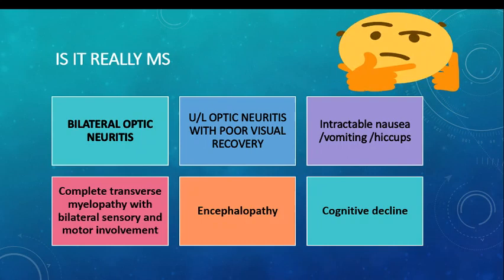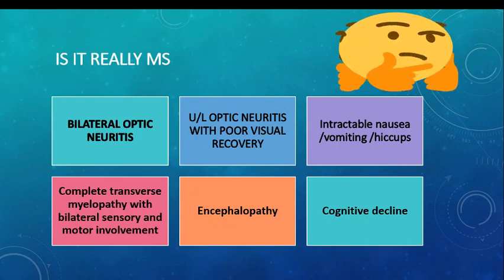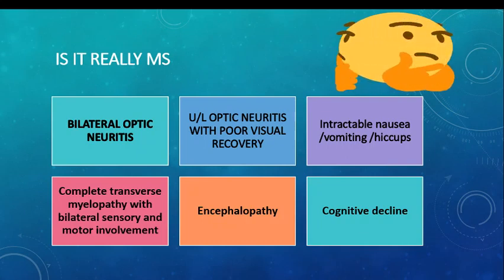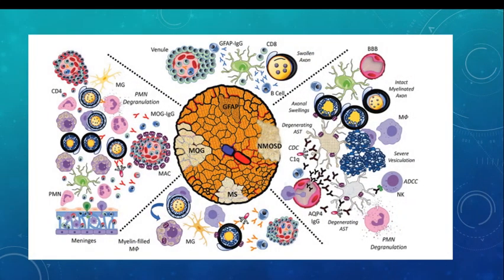These are a patient having bilateral optic neuritis, or unilateral optic neuritis with poor visual recovery; a patient presenting with area postrema syndrome like intractable nausea, vomiting, hiccups; a patient with complete transverse myelopathy with bilateral sensory and motor involvement; encephalopathy and cognitive decline. So these are the four major entities: multiple sclerosis, NMOSD, GFAP astrocytopathy, and MOG.